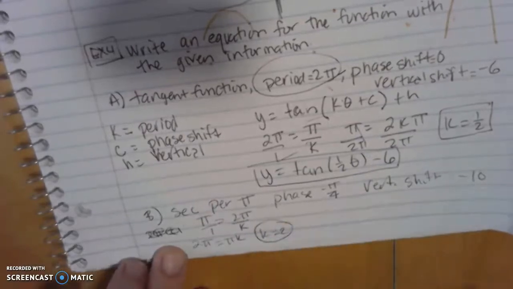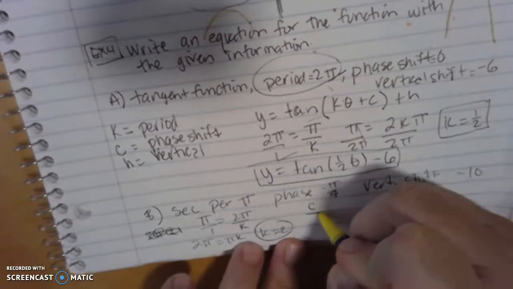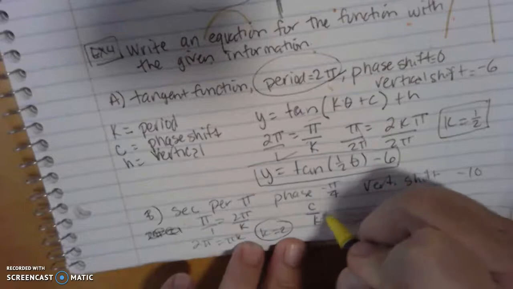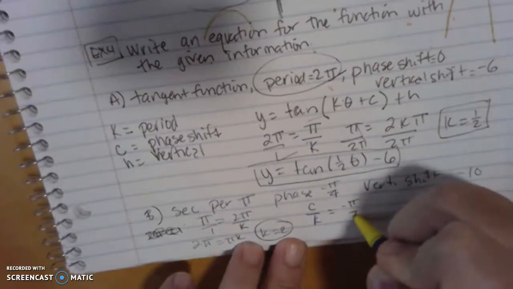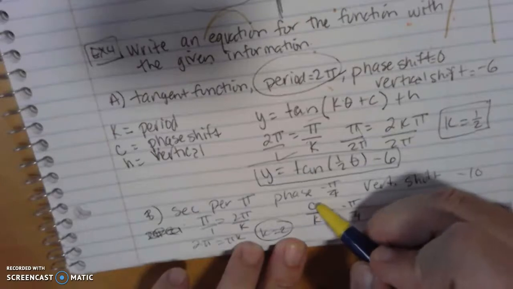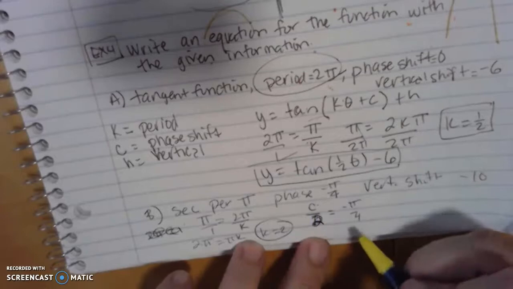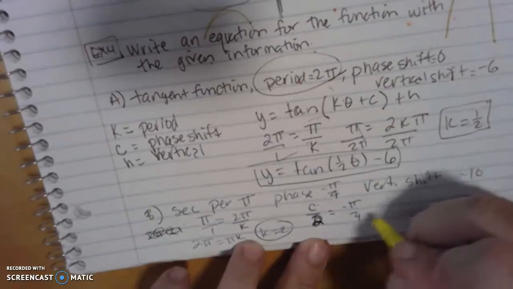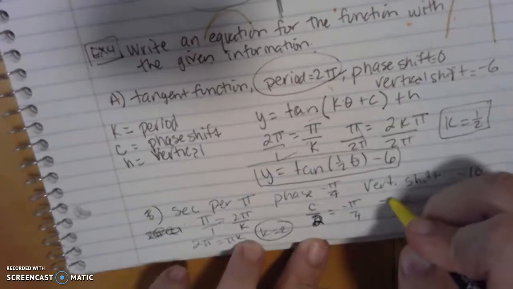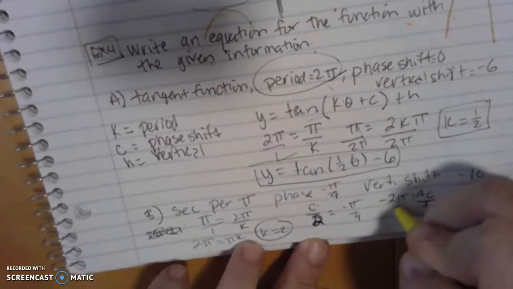My phase shift, we're going to take c over k equals -pi fourths. This is what you need to do. You need to take the c, plug in the 2 that we just found for k, and solve for c. So I'm going to do cross products. -2 pi equals 4c. Divide both sides by 4. I'm trying to fit this all on my page.